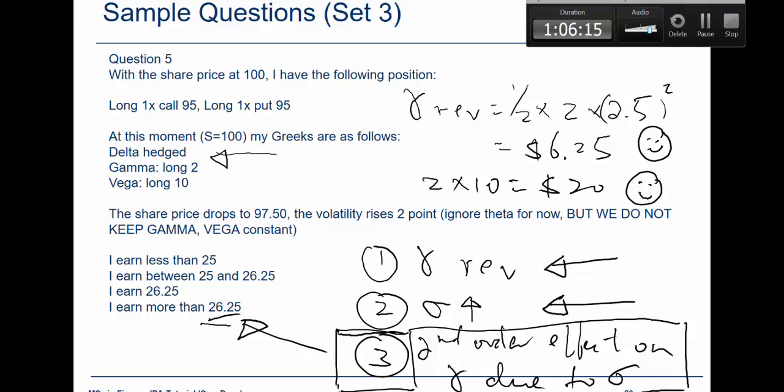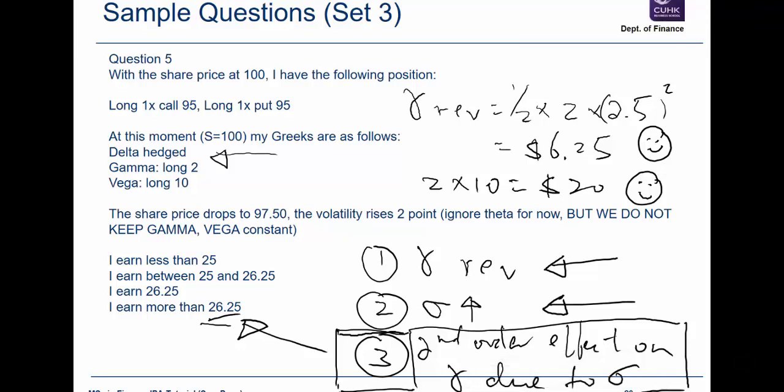Yeah. No, when you are long put, when you are long the put and the share price drops, you actually make money from the put option. No, I'm trying to figure out what is bothering you. I agree with what you said.